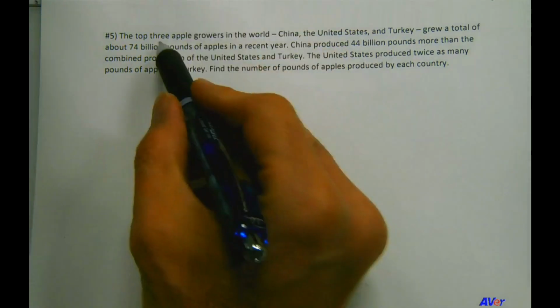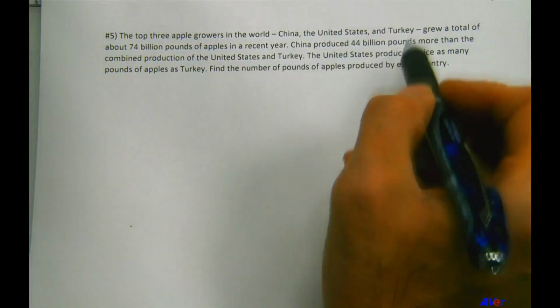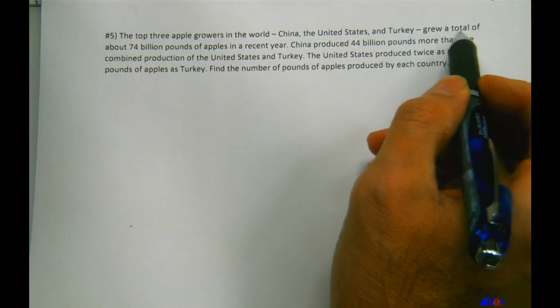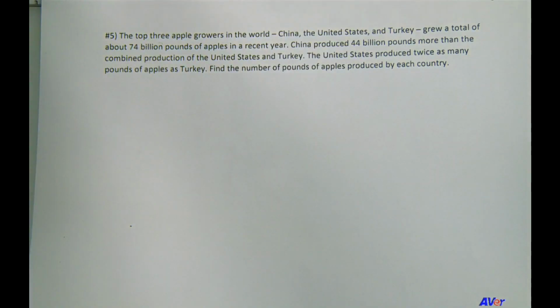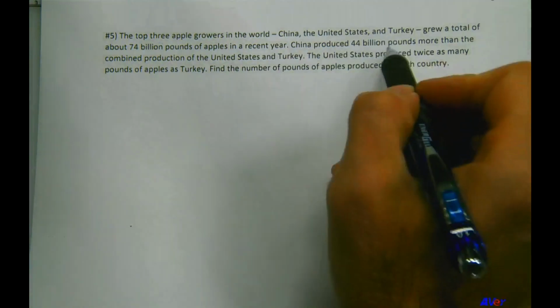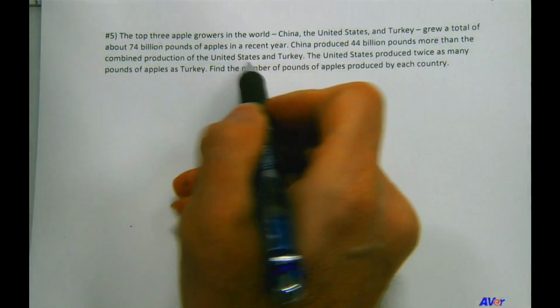It says the top 3 apple growers in the world, China, the United States, and Turkey, grew a total of about 74 billion pounds of apples in a recent year. China produced 44 billion pounds more than the combined production of the United States and Turkey.